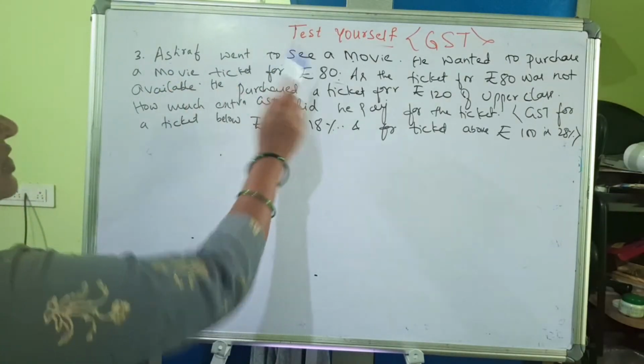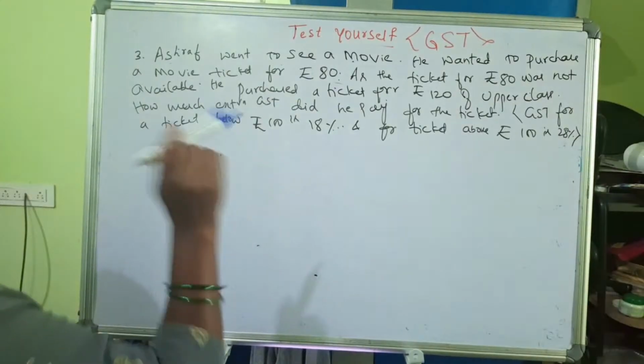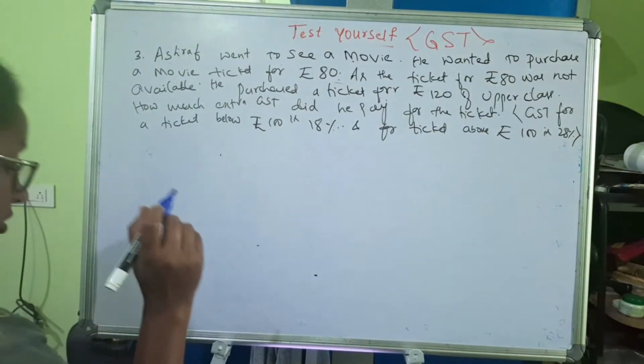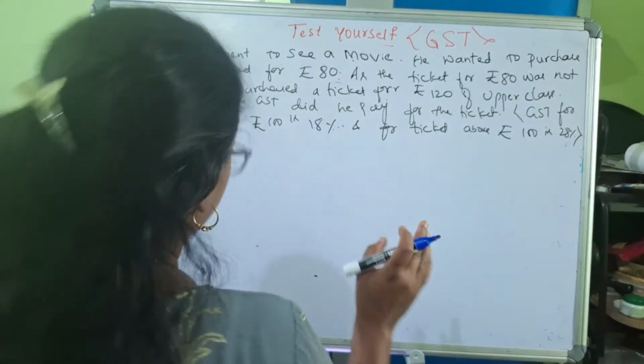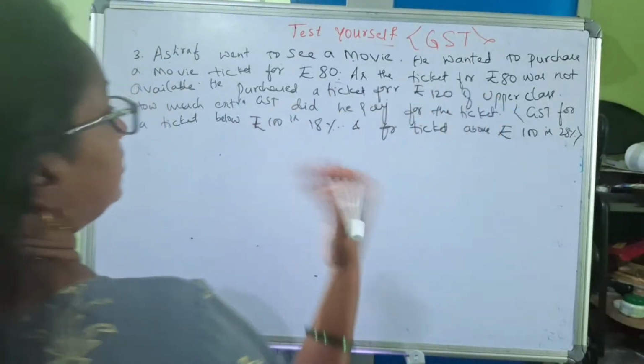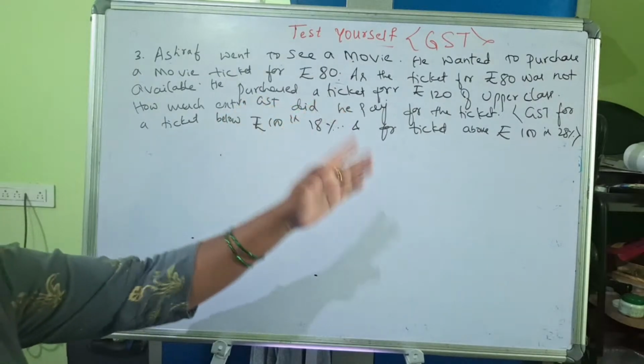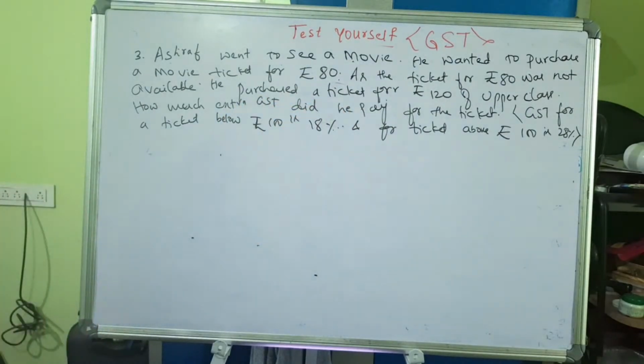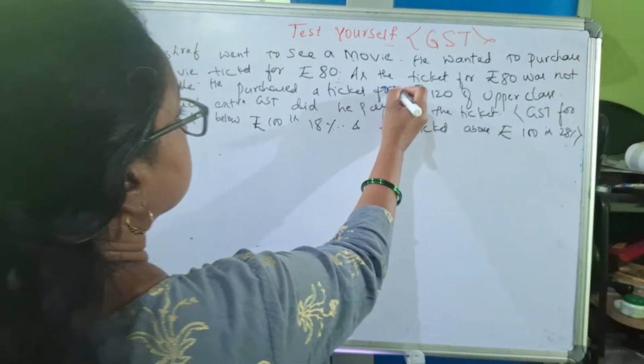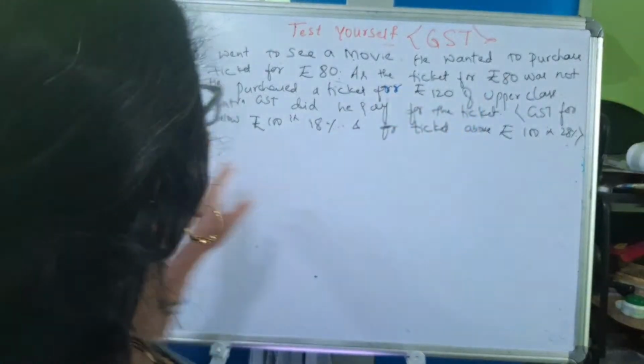Ashraf went to see a movie. He wanted to purchase a movie ticket for rupees 80. So the ticket was not available. So he purchased a ticket for rupees 120 of upper class.